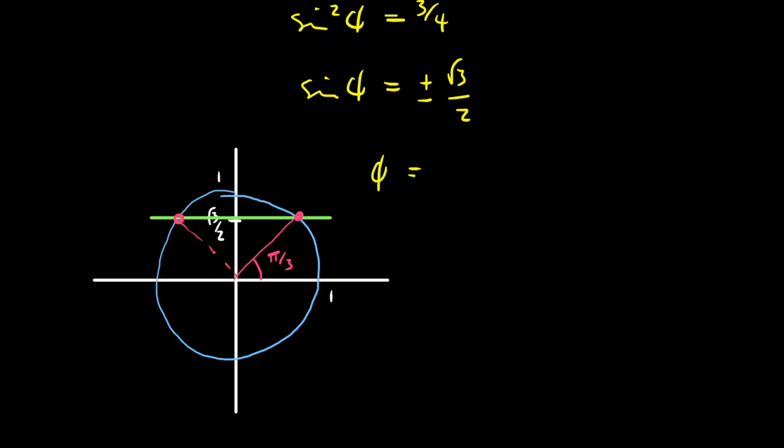So phi could be equal to pi by 3. Now, if we want to find out where sine phi is equal to negative root 3 upon 2, what we're asking is where is the y coordinate equal to negative root 3 upon 2? And again, I can just draw a line that goes through there. So what points does that give us? It either gives us this point or this point. And that coordinate there is negative pi by 3.